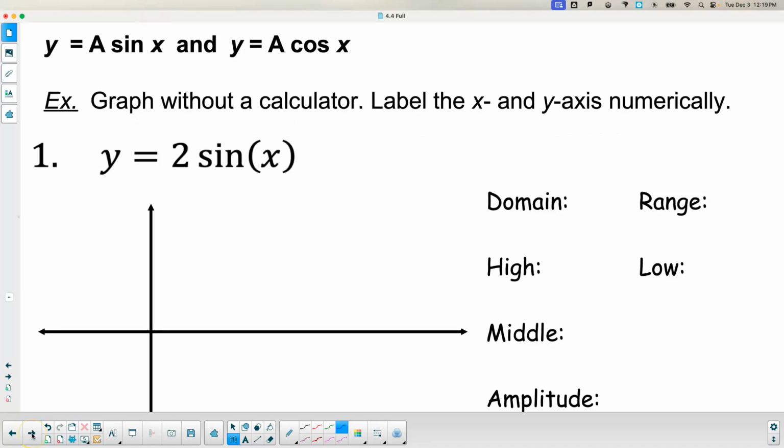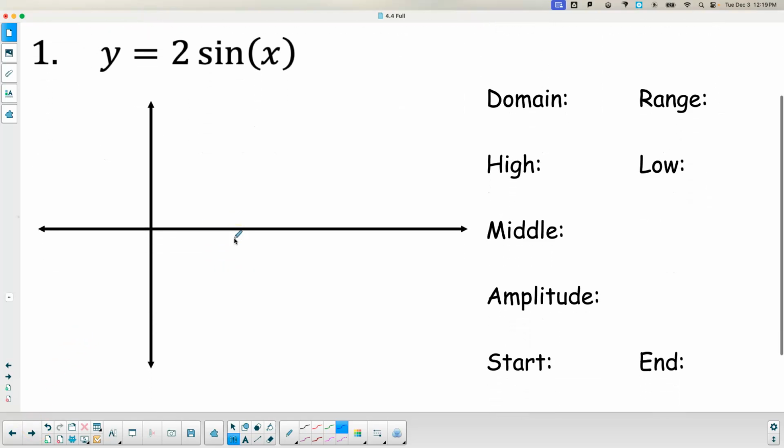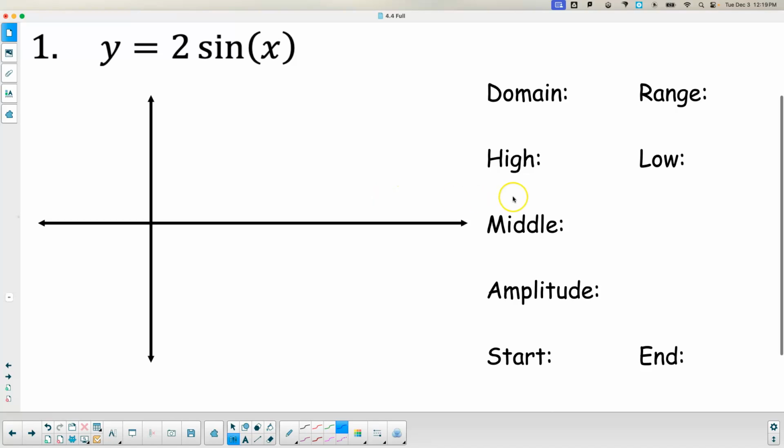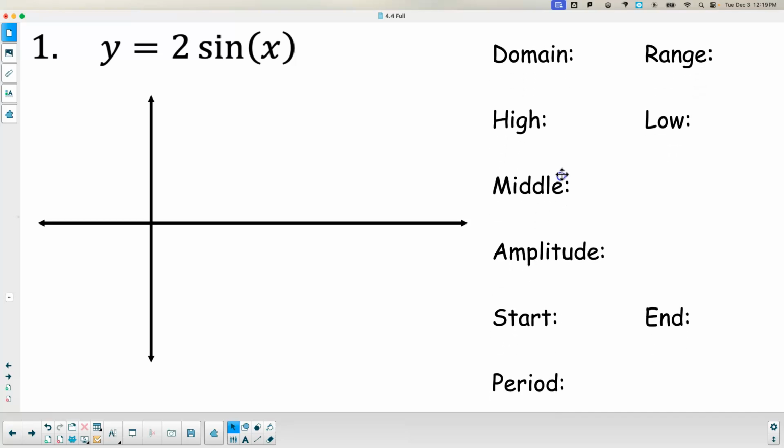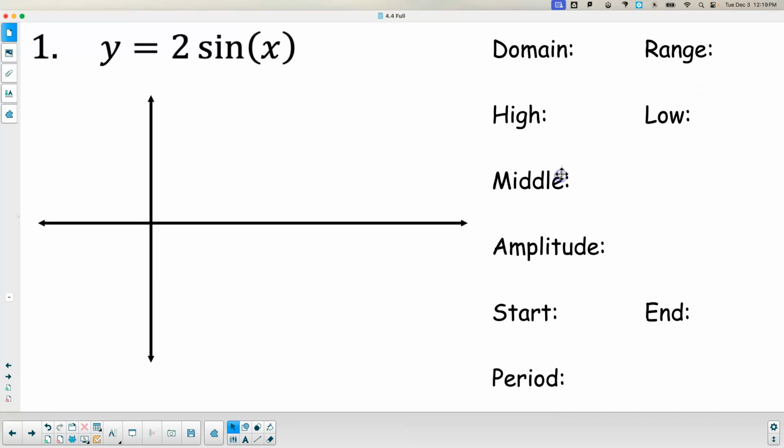So here we go. We want to graph y equals 2 sine of x. The pieces will always be there because, as I said, on the 13th and the 19th, we'll have you graph it, and then we'll have you add some of those values or all of those values for each of the graphs.